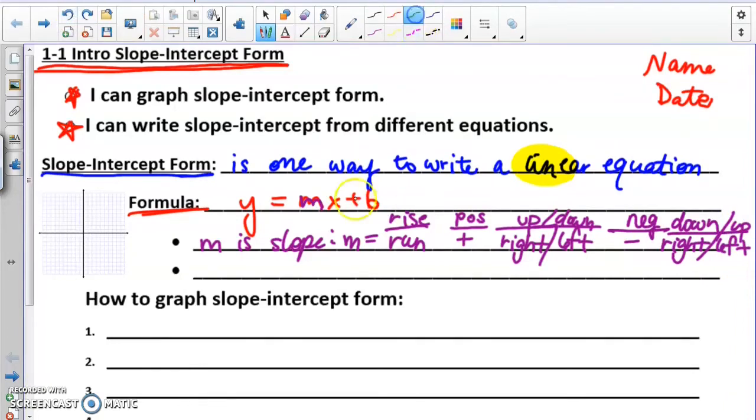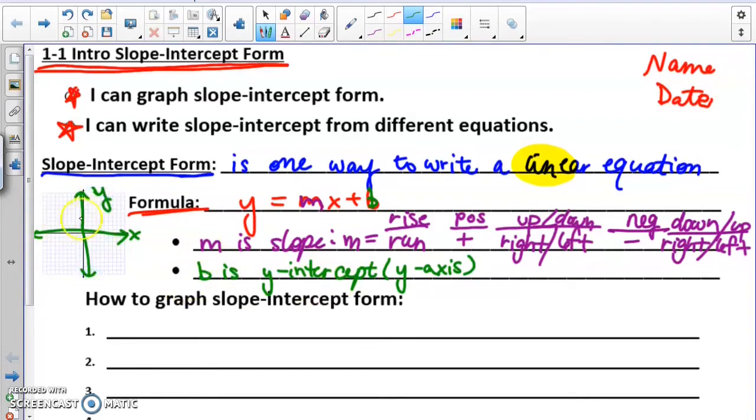Our second most important part is our b, and b is the y-intercept, which is the point on the y-axis. You have your x-axis on your coordinate plane that runs horizontally, then you have your y-axis which runs vertically.